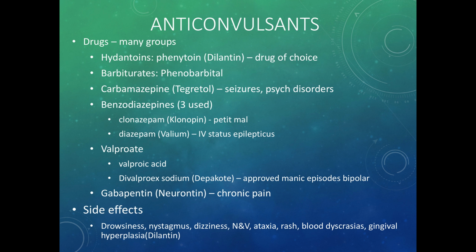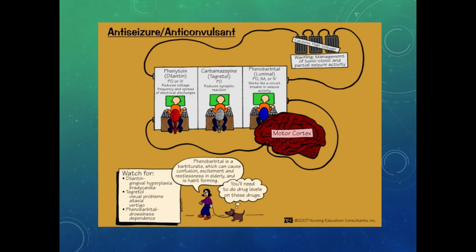And one of the common side effects with long-term use of Dilantin is something called hyperplasia of the gums. They will get the red, puffy-looking gums. And the patients that are on long-term Dilantin have to be taught to have very meticulous dental care. So that is one of the things that we focus on with that.